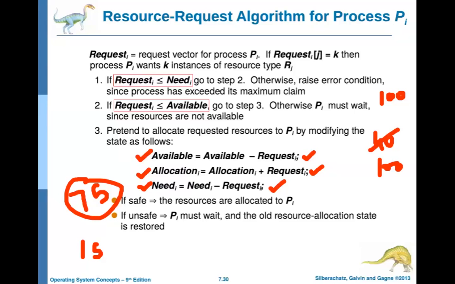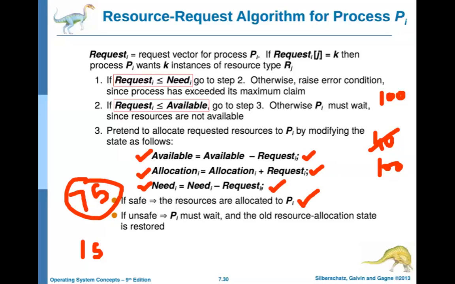Now after allocating this, we'll invoke the previous algorithm, that is the safety algorithm. If that algorithm says the state is safe, the resources are allocated to Pi. Here we are just pretending; we are just modifying the data structures. Actually, they are not allocated. The resources will be allocated to Pi only if it results in a safe state.